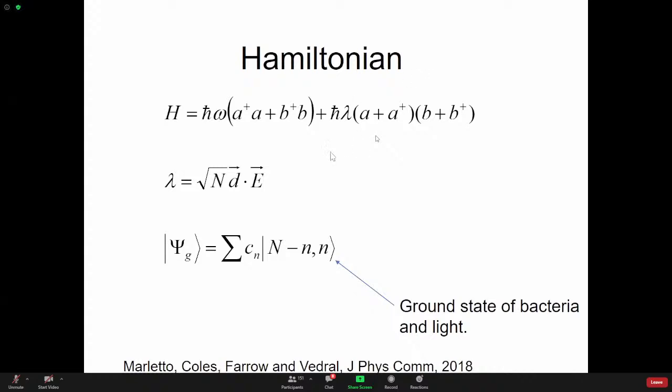And when they couple here, this is the usual dipole times the electric field coupling that we all use frequently in quantum optics.